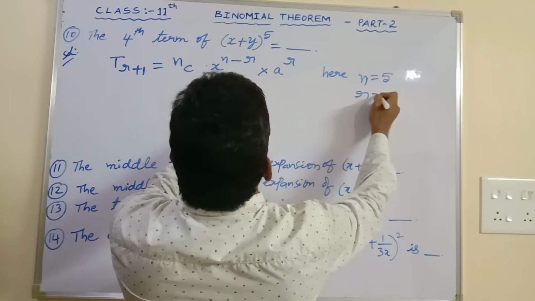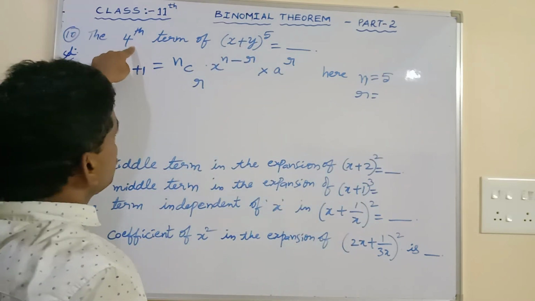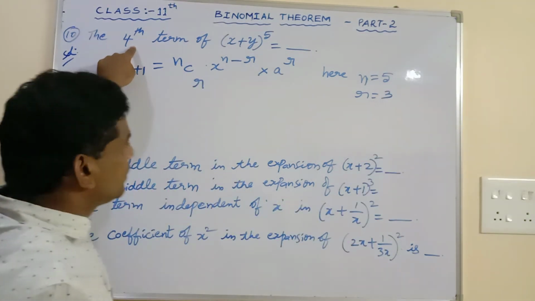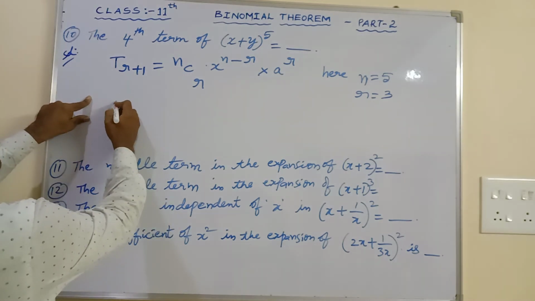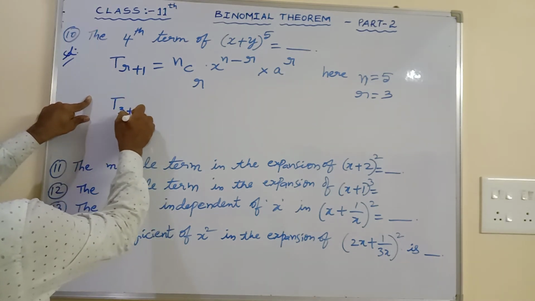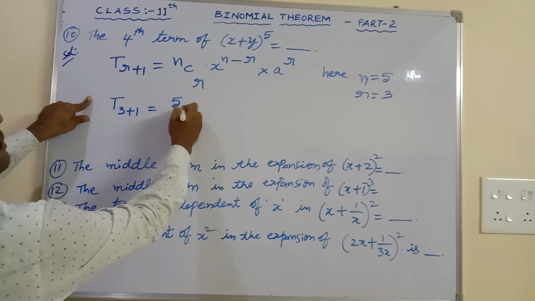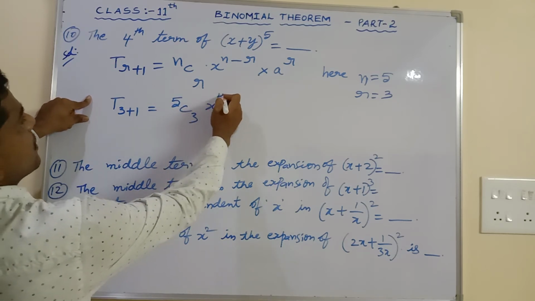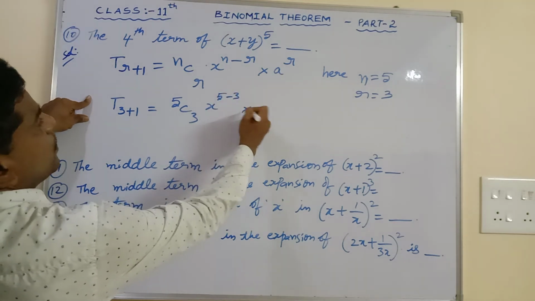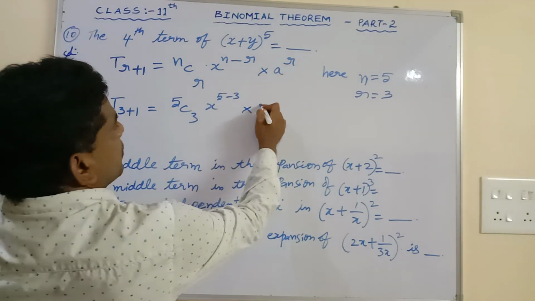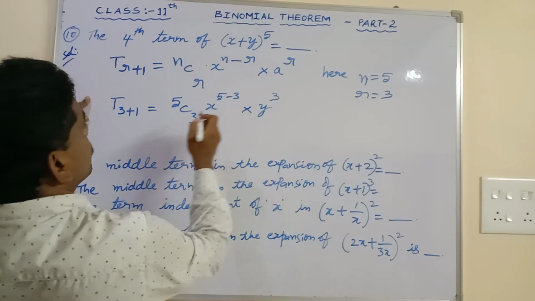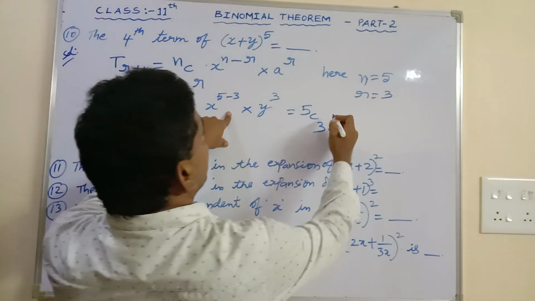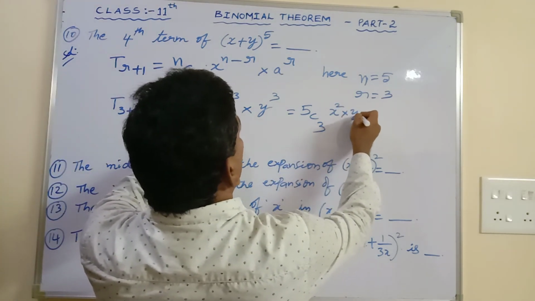For the fourth term, substitute r is equal to 3. Then you will get T of 3 plus 1 equal to 5C3 x power 5 minus 3 into y power 3, that is y cube. So this is equal to 5C3 x square into y cube.